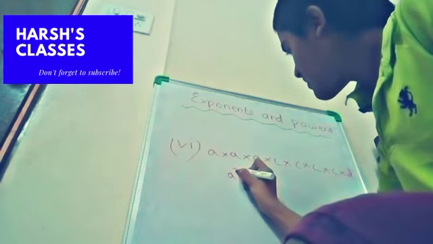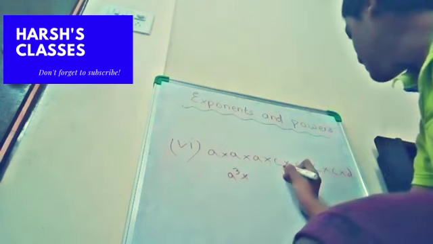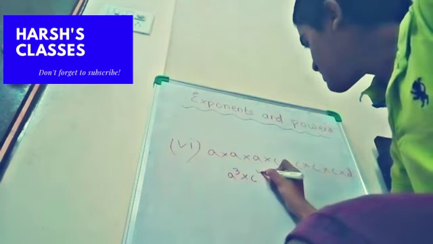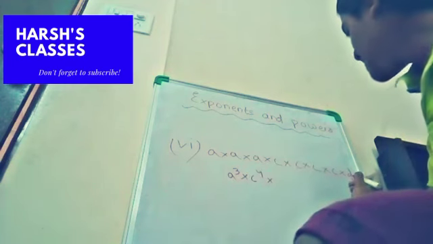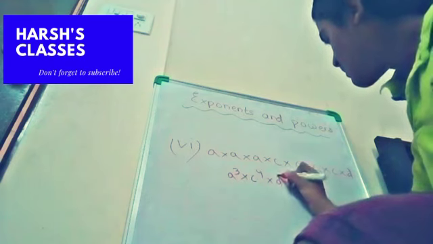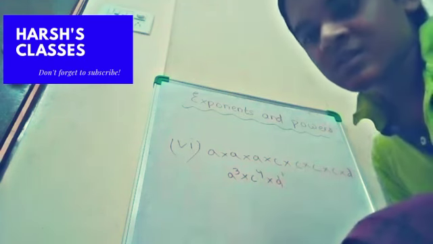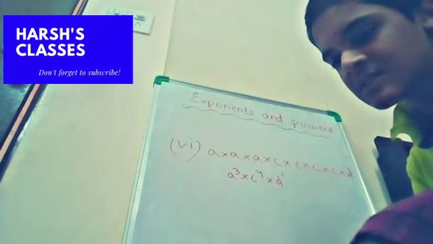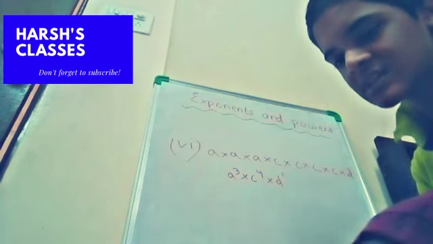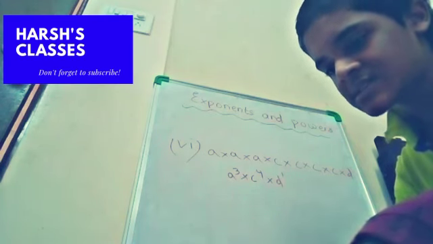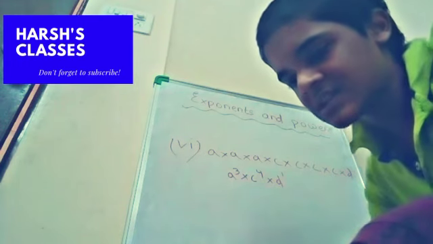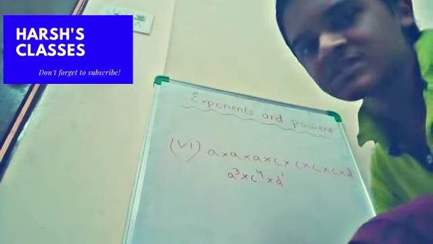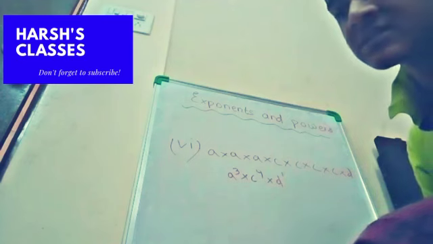So a to the power 3 into c, multiplied how many times? 4 times. So c to the power 4 into d, how many times? 1 time. So d to the power 1. Hope the first and second bit which I have discussed are clear. In the second bit it is 6 questions, and in the first bit it is 4 questions. So total 10 sums I have discussed today.